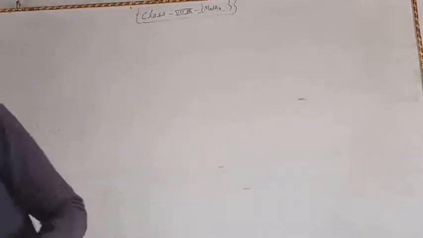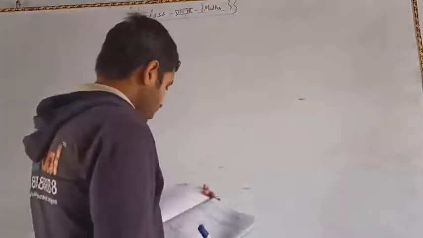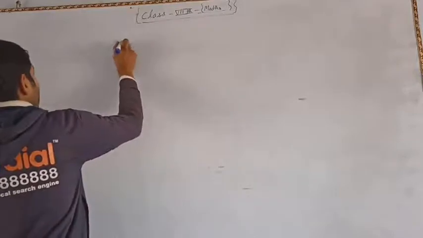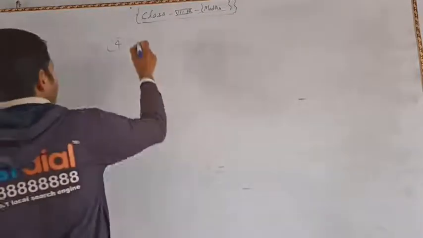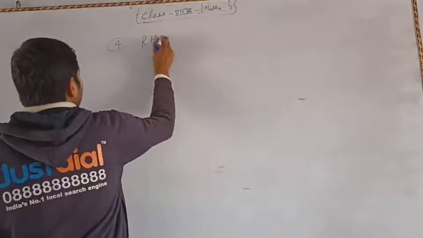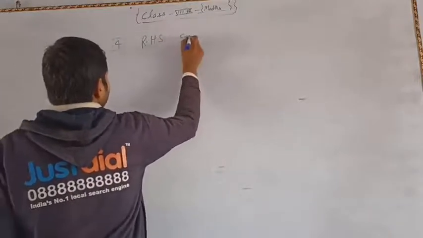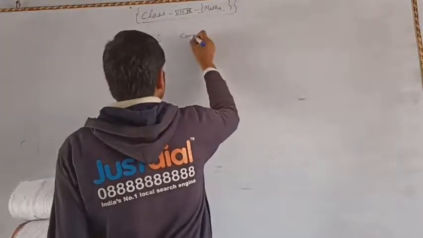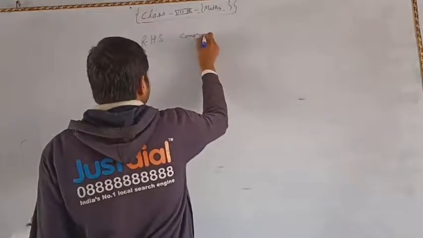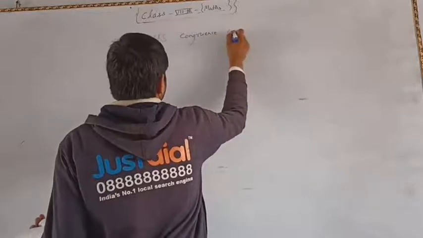Okay, now again fourth rule, RHS congruence condition. RHS congruence condition, right hand side congruence condition.